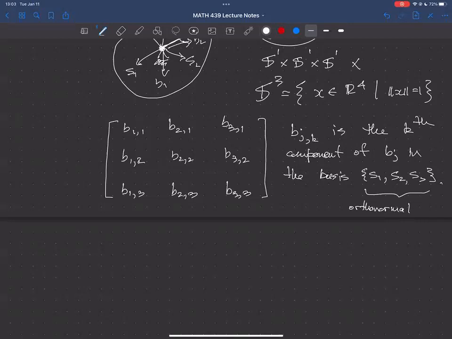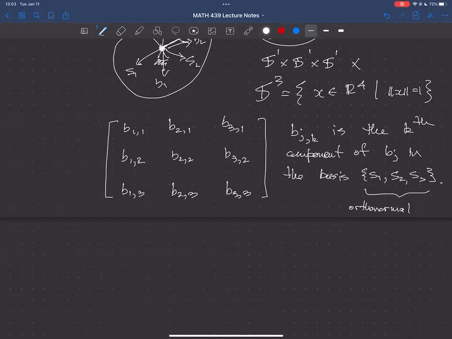My physical system is in R3, so I have the normal R3 inner product, which has physical meaning. And this basis S1, S2, S3 is orthonormal with respect to that Euclidean inner product, which when you were a small child, you called the dot product. But we call it the Euclidean inner product.